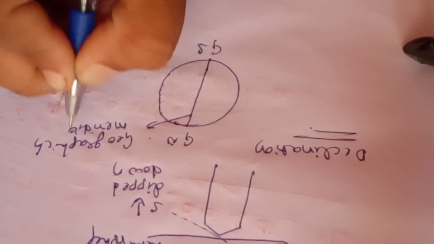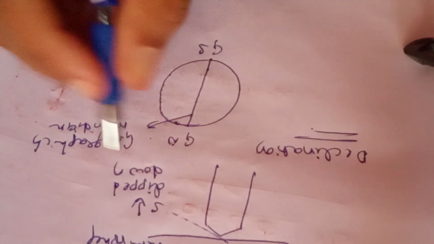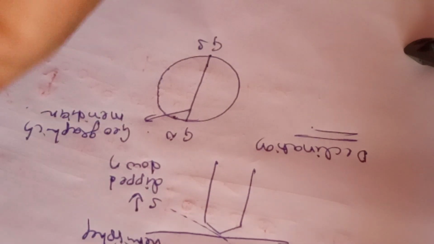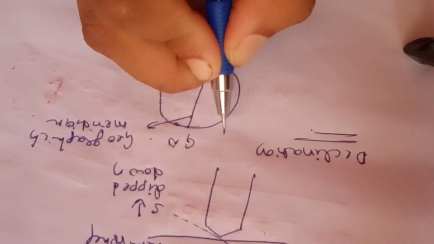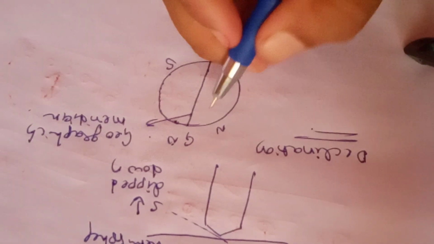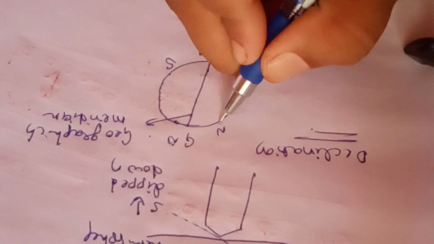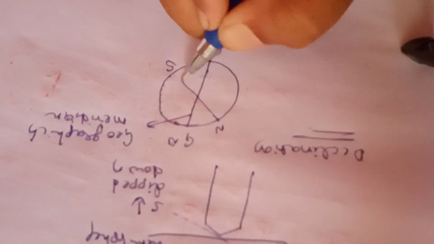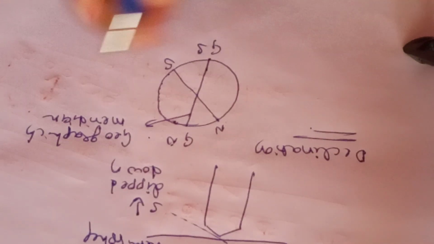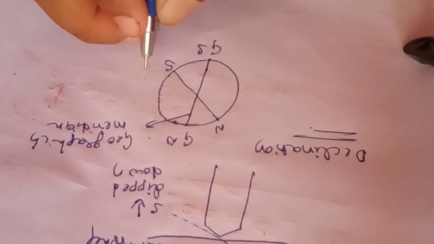An imaginary straight line joining geographical north and south. Now, as we said, earth itself is a huge magnet, so earth also has north and south poles, and there will be an imaginary straight line joining these north and south poles of earth.